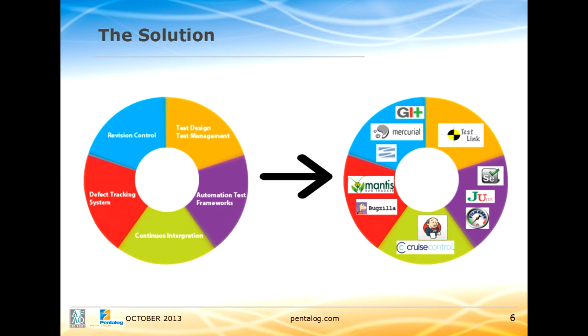For example, for revision control, we have Subversion, Git, and Mercurial. These three are very popular now, and I'm sure that most IT companies use these tools for their revision control. And for test design and test management, it is TestLink.